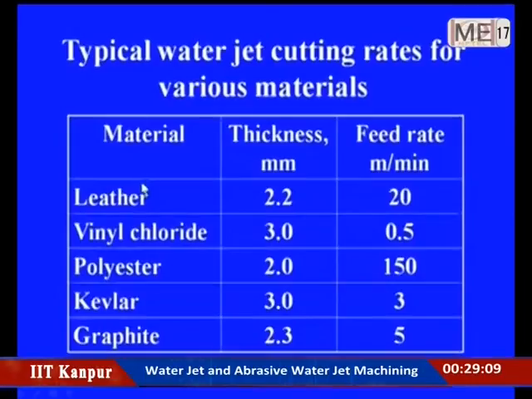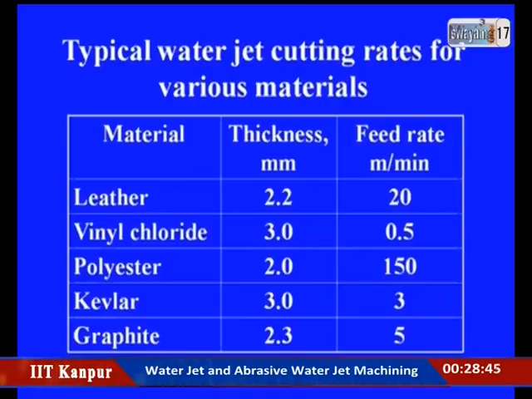Let us see a few parameters, like what are the cutting rates for various materials, like leather. For leather of thickness say 2.2 millimeter, feed rate used is 20 meter per minute. Similarly, if the material is vinyl chloride and a thickness of 3 millimeter, the feed rate suggested is only 0.5 meter per minute.